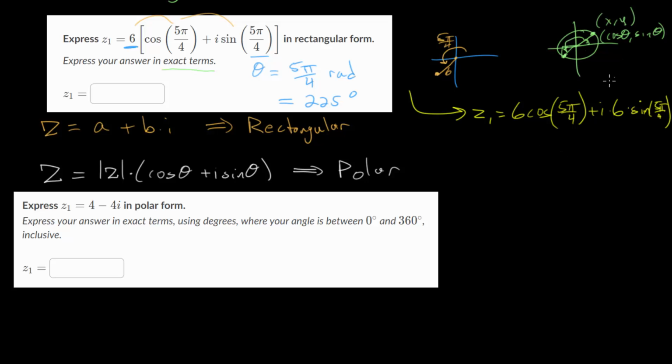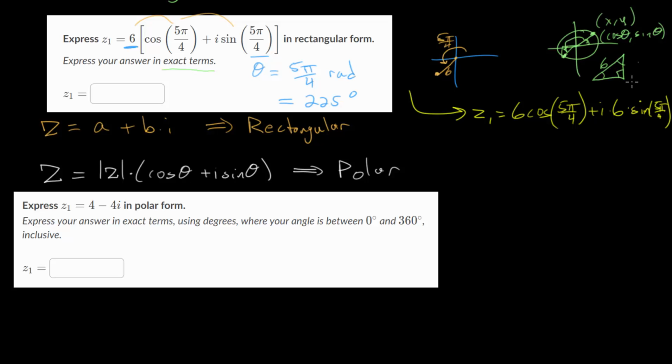And since we have this 45, 45, 90 triangle, where in our case its hypotenuse is 6 rather than 1, we can figure out what these side lengths are. Since both these angles are equal and this is a 90-degree triangle, with a 45-45-90 triangle, to get the side lengths when you know the hypotenuse, there are two approaches.